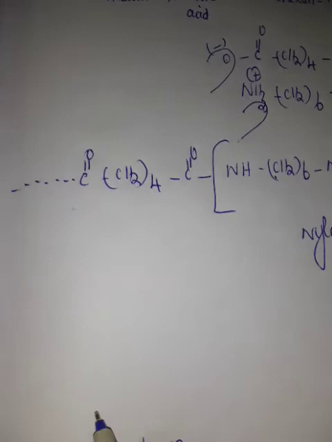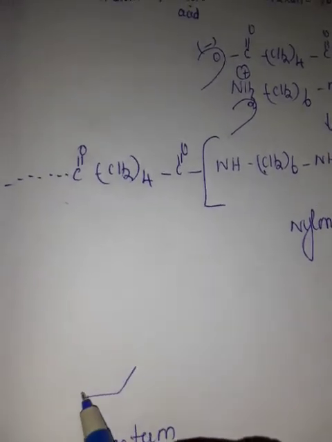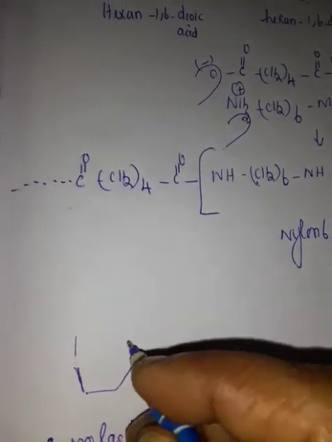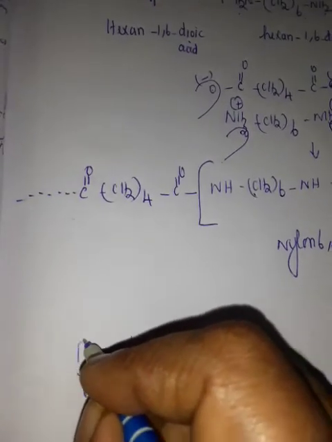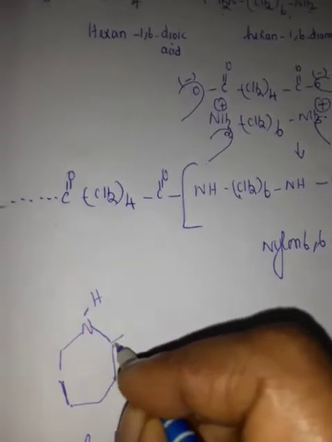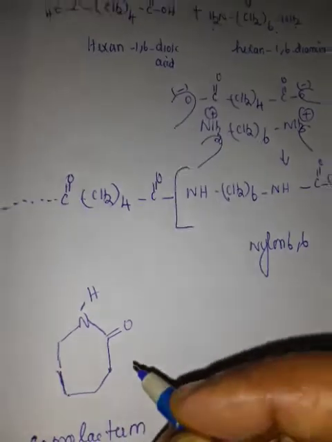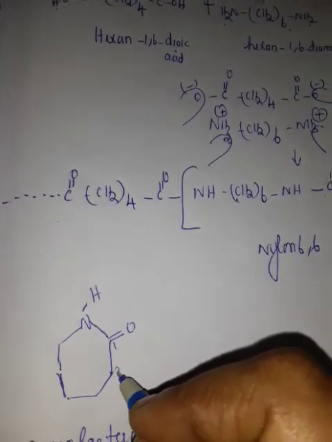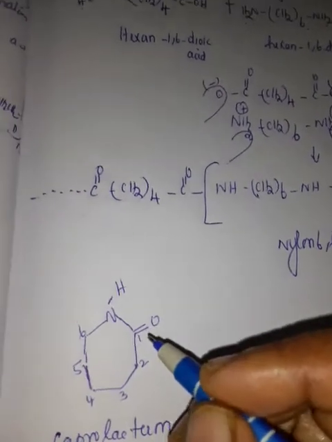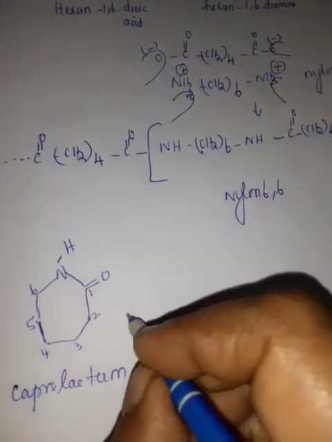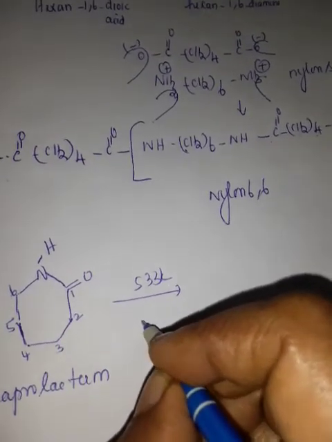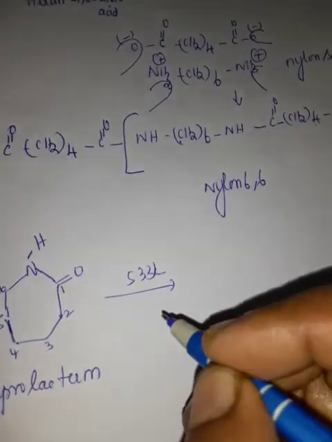I'll draw the structure: NH, here having double bond O, carbon atoms 1, 2, 3, 4, 5, 6. Caprolactam is heated at 533 Kelvin in an inert atmosphere. This is very important: inert atmosphere.